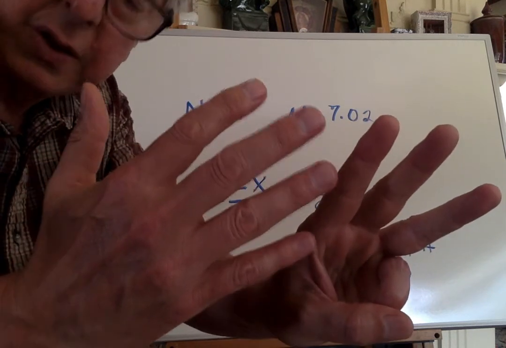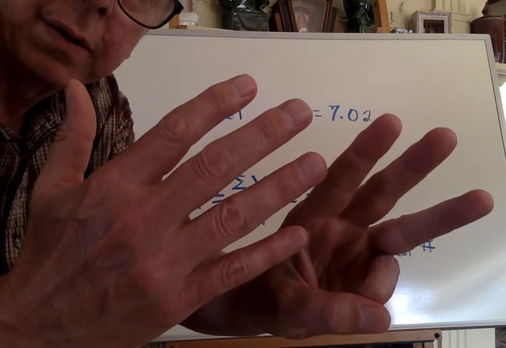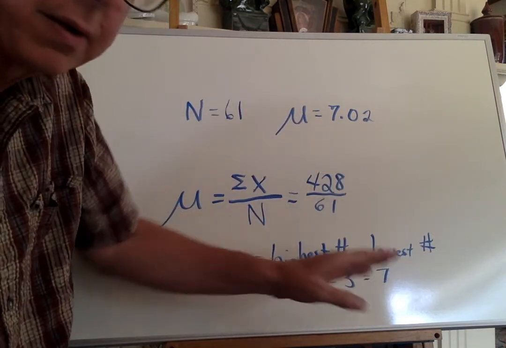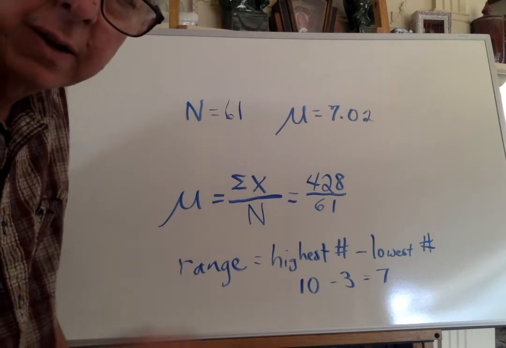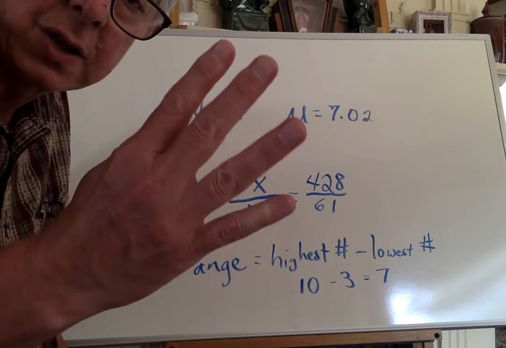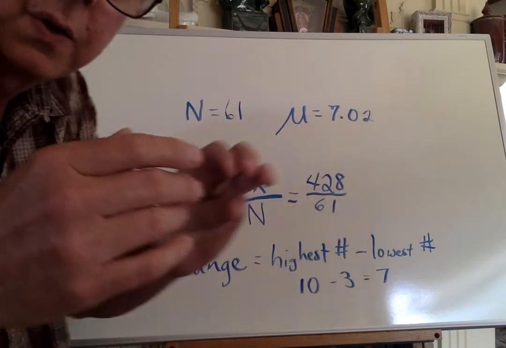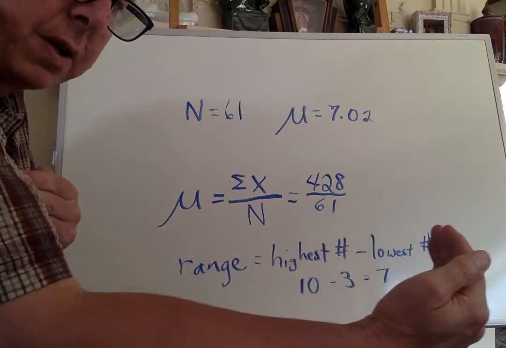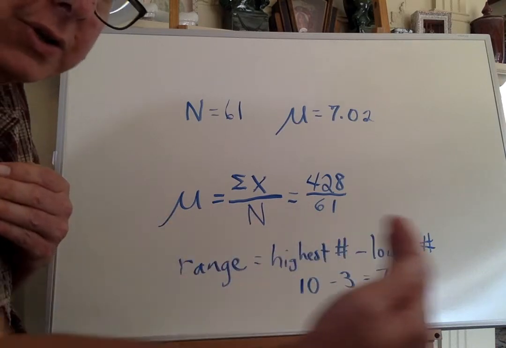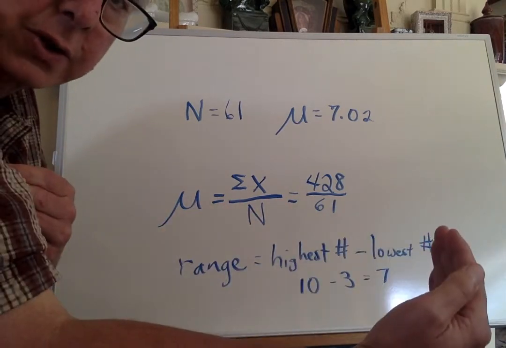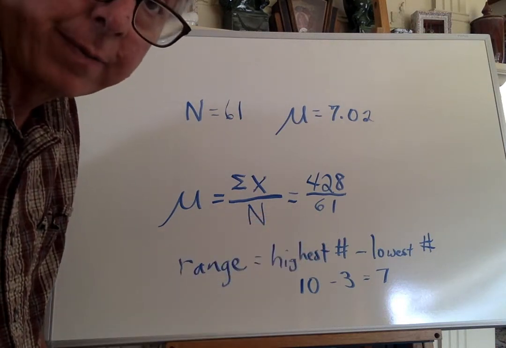So the numbers in this data set go across 8 units in our number line. Okay, so the range is 8. Oh my gosh. Let's check that again. 3, 4, 5, 6, 7, 8, 9, 10. The range of numbers in our number line across which our data set covers actually is 8, not 7.